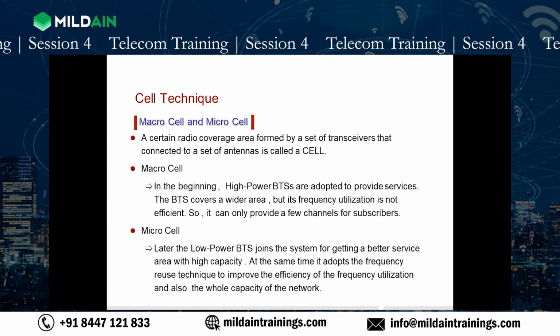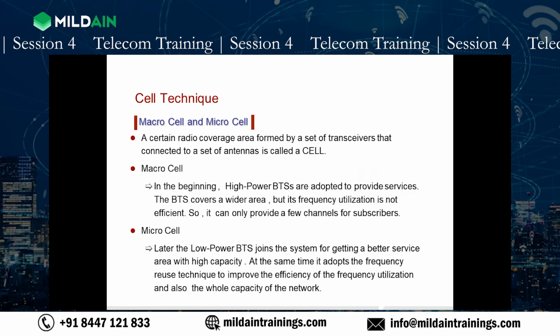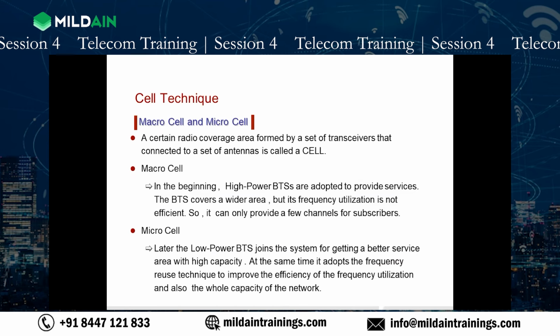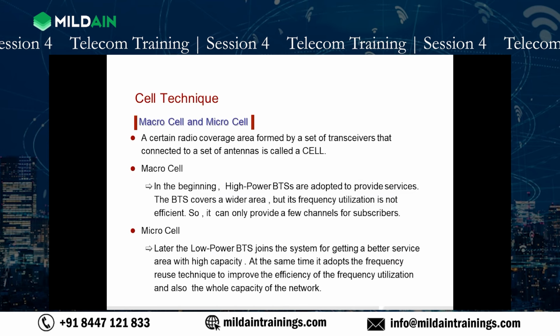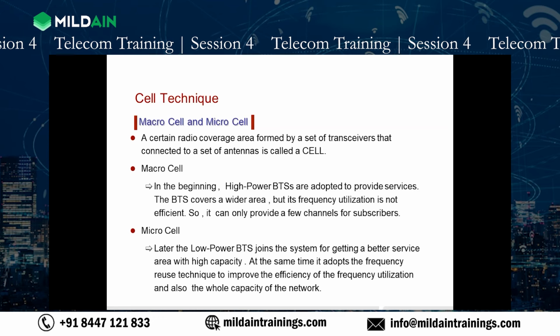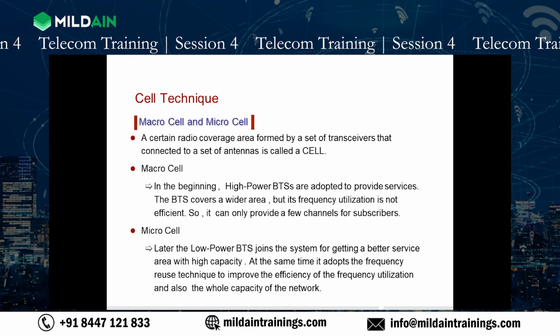So they developed a high-power transmitting BTS that gave wireless connectivity coverage where a transport system is not available. Later on, coverage was categorized based on different aspects like frequency and all.